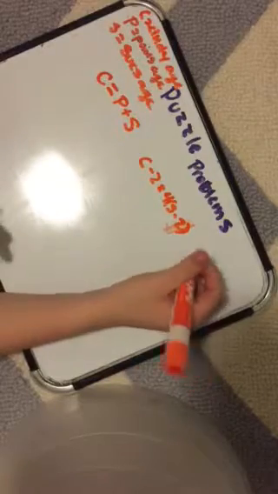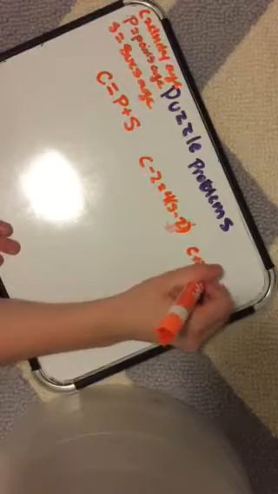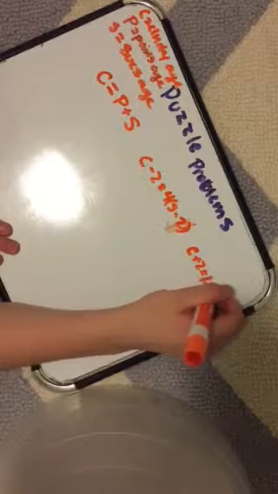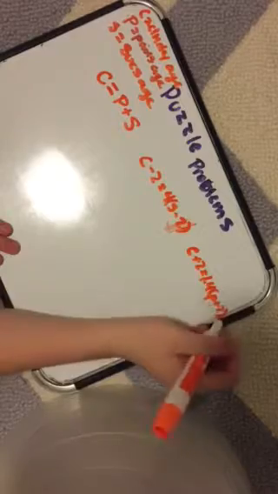And then our last one will be C plus 2 equals 1.4 times P plus 2.